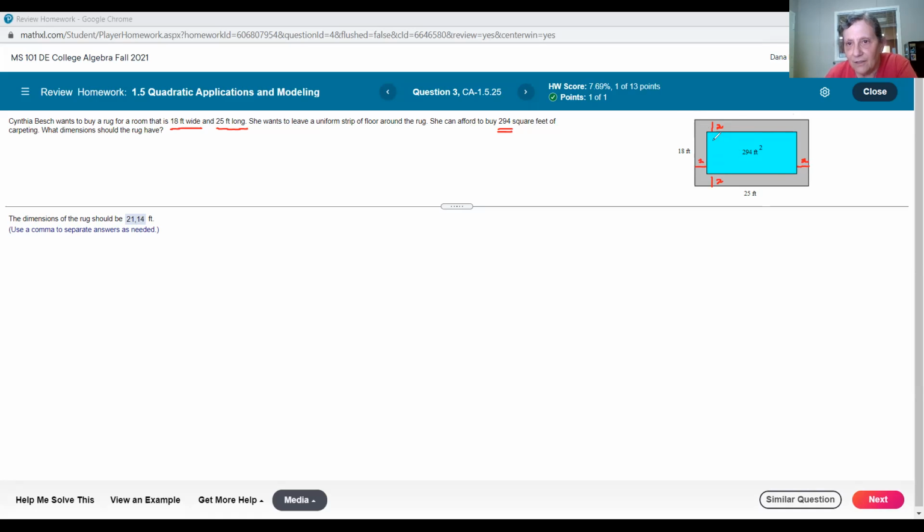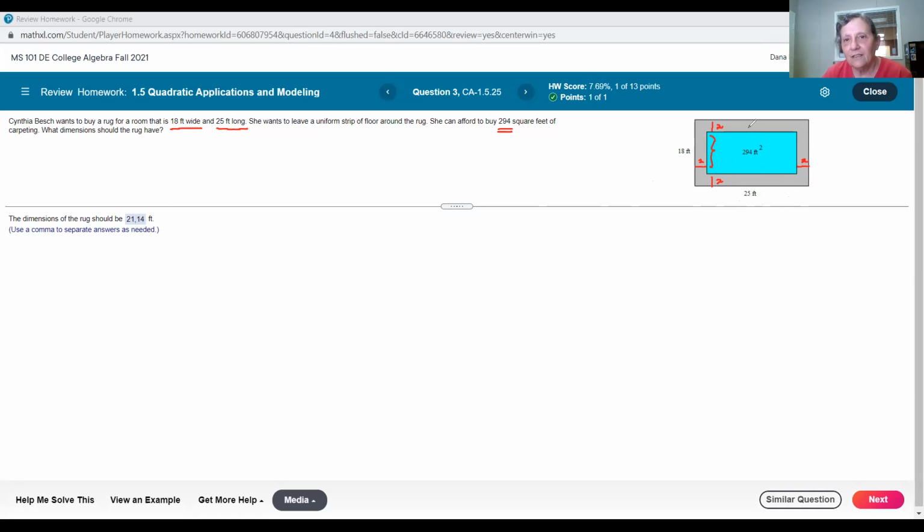Therefore, this length would be 18 minus 2 times 2, or 18 minus 4, which is 14. And this would be 25 minus 4, which is 21, which I see is actually the answer over here, but we'll pretend like we didn't know that.